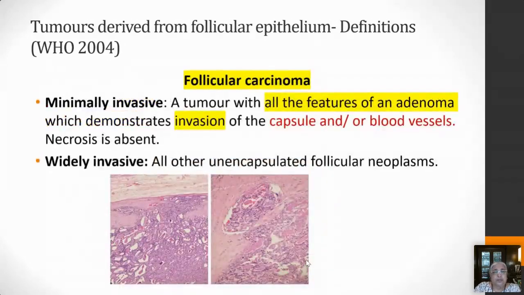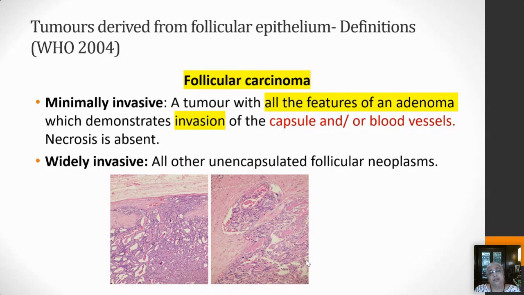So what is a follicular carcinoma then? There were two variants which were mentioned in WHO 2004. One was minimally invasive. That is a tumor with all of the features of an adenoma, which means that it was entirely encapsulated. It was a follicular patterned lesion, but it showed invasion of the capsule and or blood vessels. And of course, necrosis was absent.